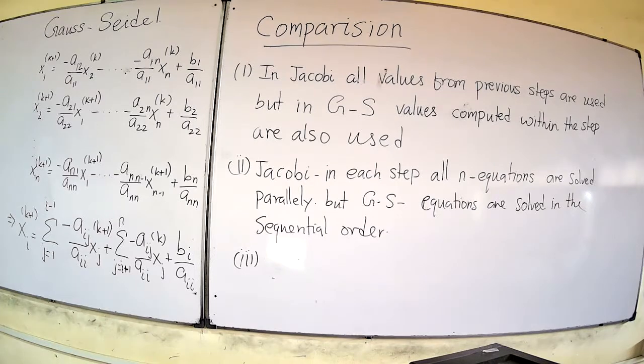Because of this, in Jacobi iteration, all n equations can be solved in parallel. When you are computing x1, you can compute x2, x3, x4, and x5, all of them at the same time. If a computer is doing the work, it will compute all of them at the same time.